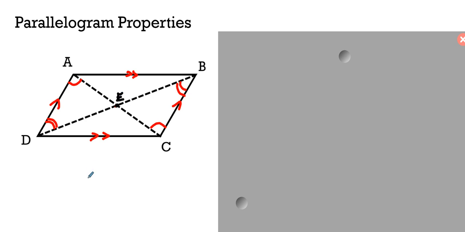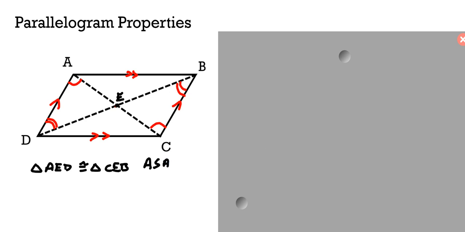We can say that triangle AED is going to be congruent to triangle CEB. And that's because of angle, side, angle. We know that the opposite sides are congruent, so these triangles are congruent because of angle, side, angle, right, from our previous work.